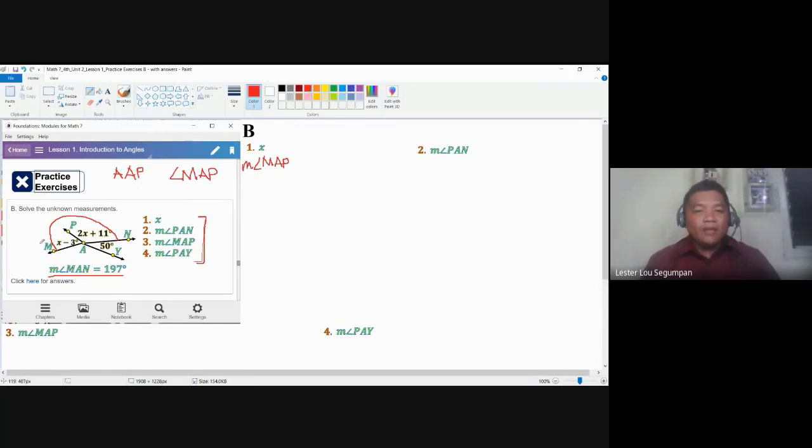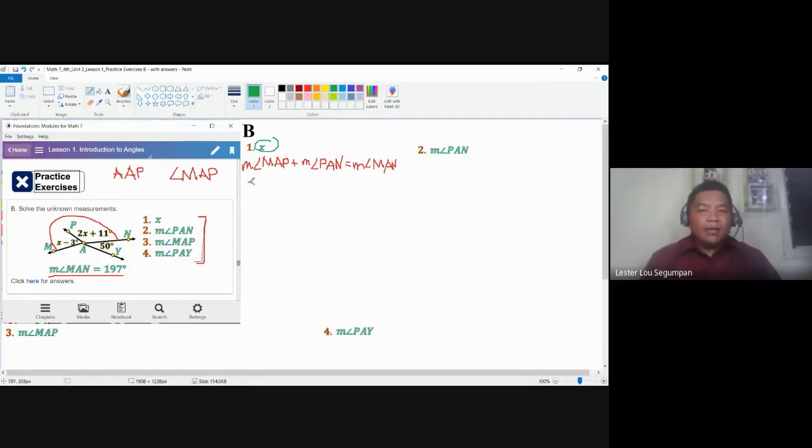The measurement of angle MAP plus the measurement of angle PAN must be equal to the measurement of angle MAN per angle addition postulate. And let's try to substitute the given and solve for the first item, x. Again, that could help us determine the rest of the unknowns.